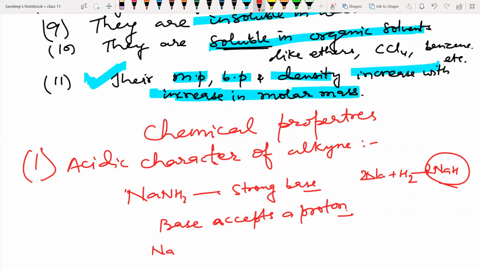So sodium reacts with ethyne to form sodium acetylide plus hydrogen gas. This reaction suggests that ethyne is acidic in nature because it is giving a proton to sodium. It is releasing a proton.